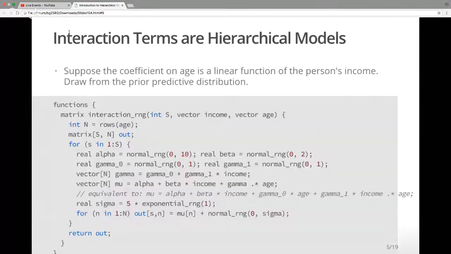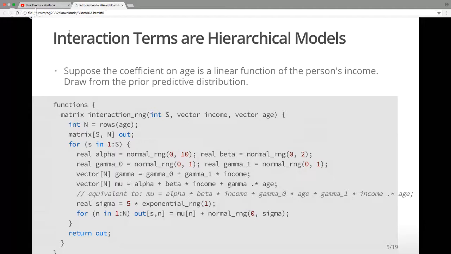And so when you look at what most people do when they're estimating interaction models, with this rather dogmatic assumption that the coefficient on age is an exact linear function of income, the conclusions that they get out probably have more precision and more certainty than what could be justified, because they basically said, I know for sure the coefficient on income is the exact linear function of age, when they don't know that for sure by any stretch of the imagination.